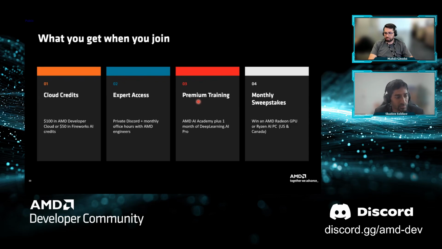All the links are part of that developer program link that you saw earlier from my QR code. And on top of that, you have 1 month of DeepLearning.AI Pro.